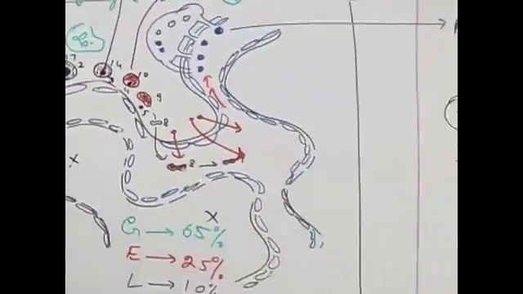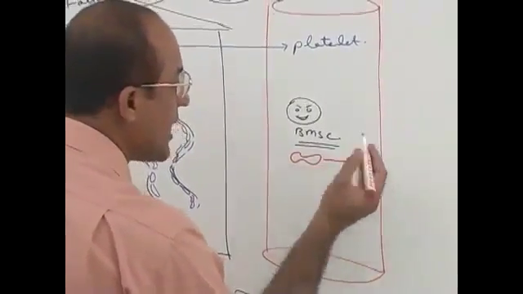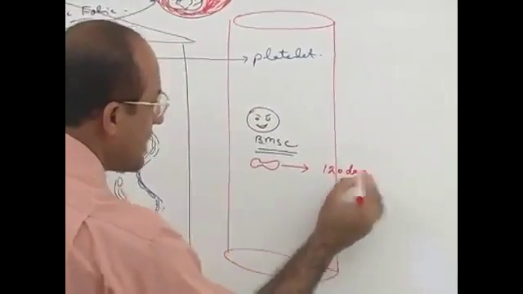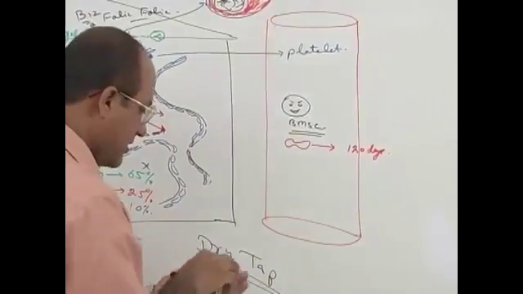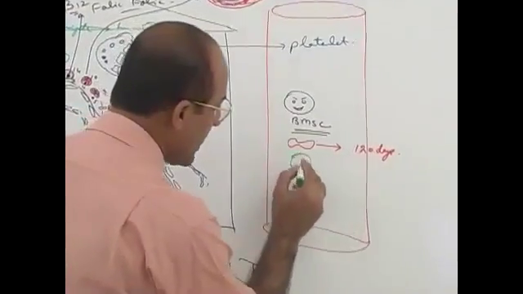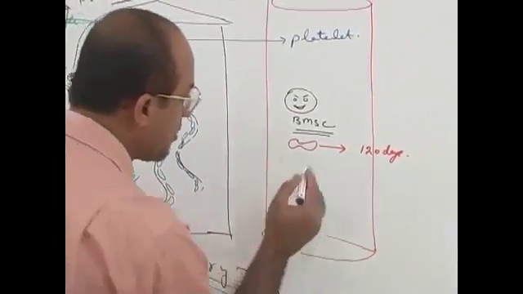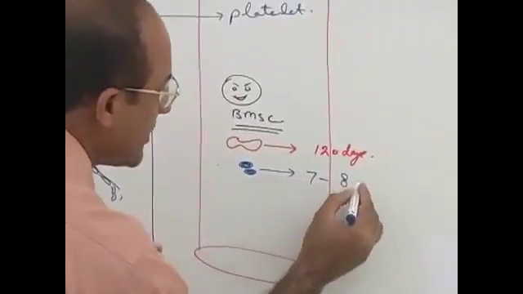And here I should mention something, that RBCs which come into general circulation have an average lifespan of around 120 days, right? The lifespan of neutrophils, right? Just a few important cells. Before the neutrophil, I should mention the lifespan of platelets. Platelets' lifespan is about 7 to 8 days.